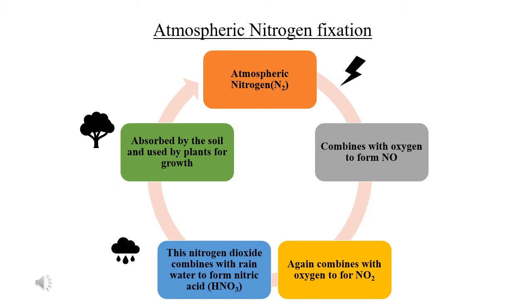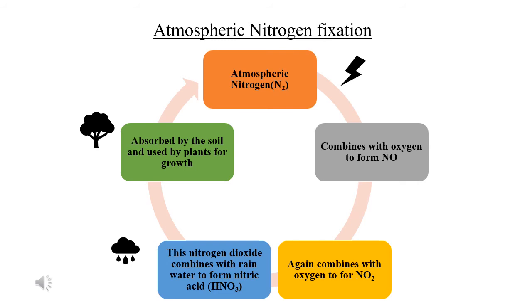So students, now let us see how atmospheric nitrogen fixation takes place. So here in this cycle, the atmospheric nitrogen is present in diatomic state, that is N2.